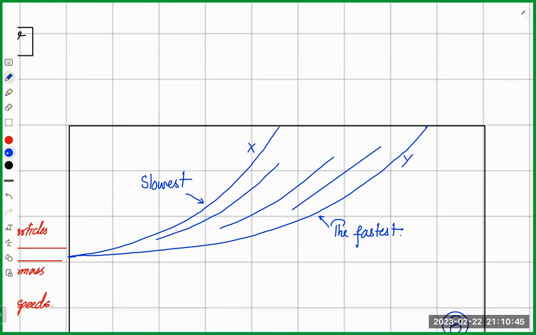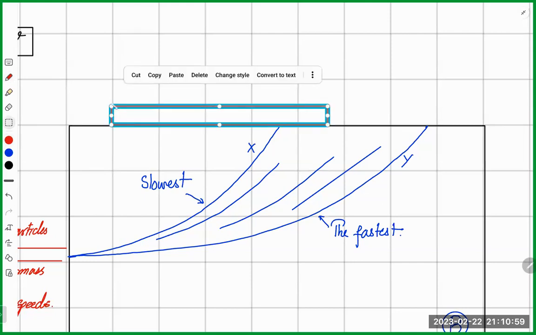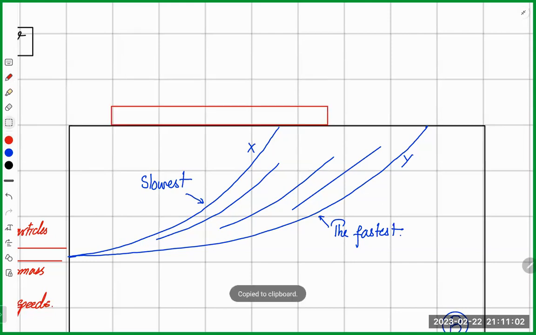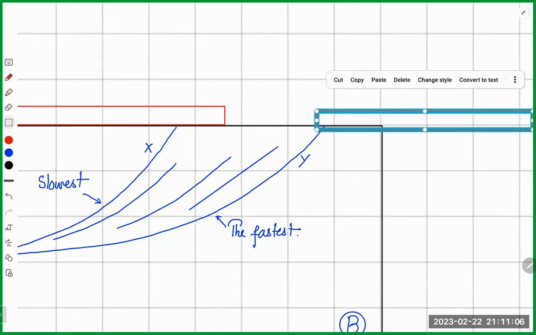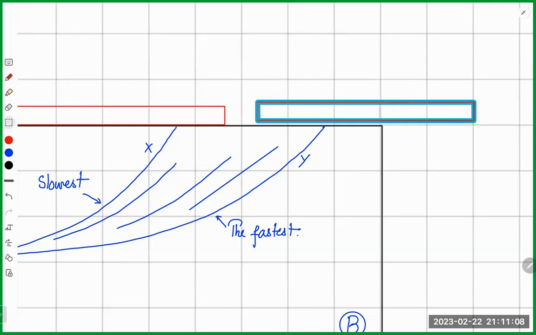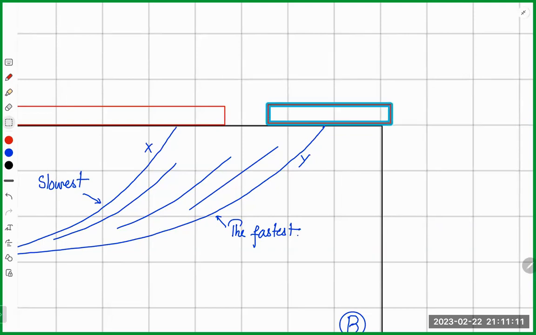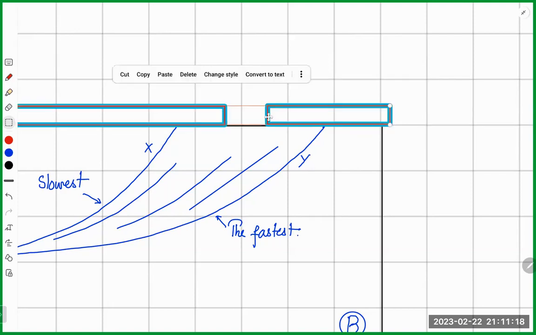Now, if we have a gate over here, and we can move the gate here and there.